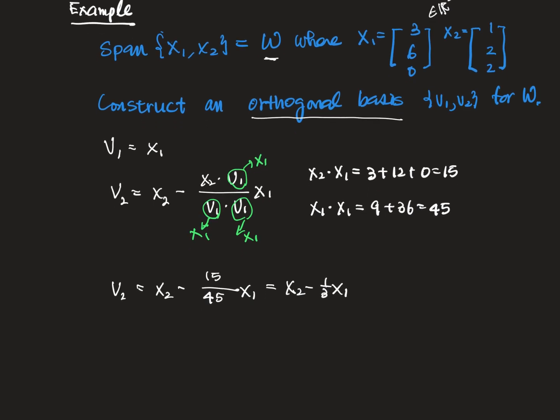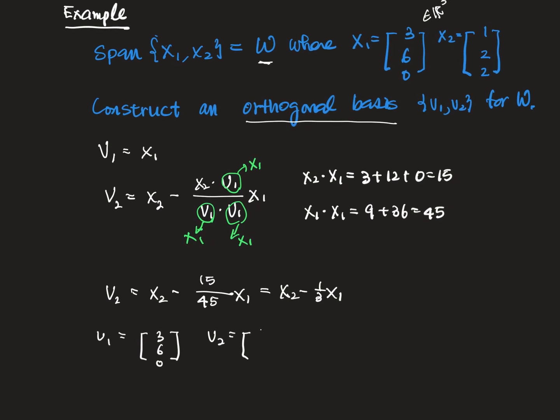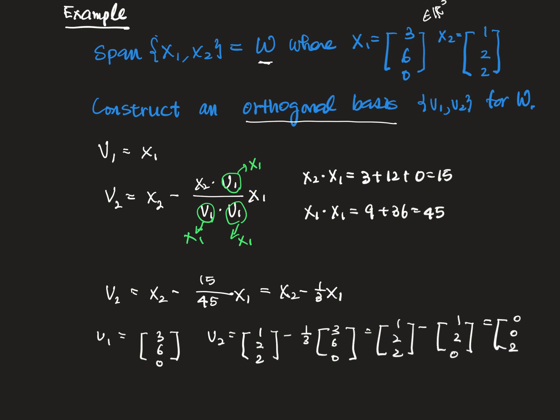Specifically, v1 is x1, which is (3, 6, 0). v2 is x2, which is (1, 2, 2), minus 1 over 3 times (3, 6, 0). The first two entries of x2 are cancelled, and you find (0, 0, 2).